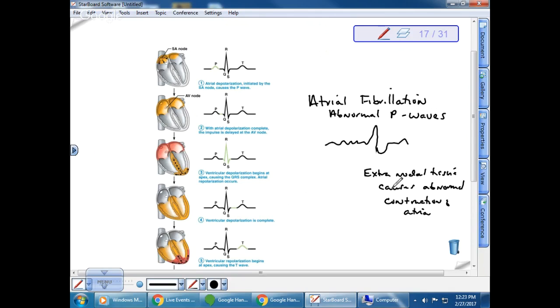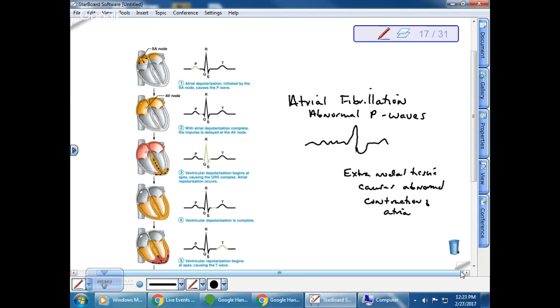Right? So there is actually a really effective cure for AFib, and it is called ablation. And ablation is where they go in and they freeze or burn that extra nodal tissue. So they freeze or burn.